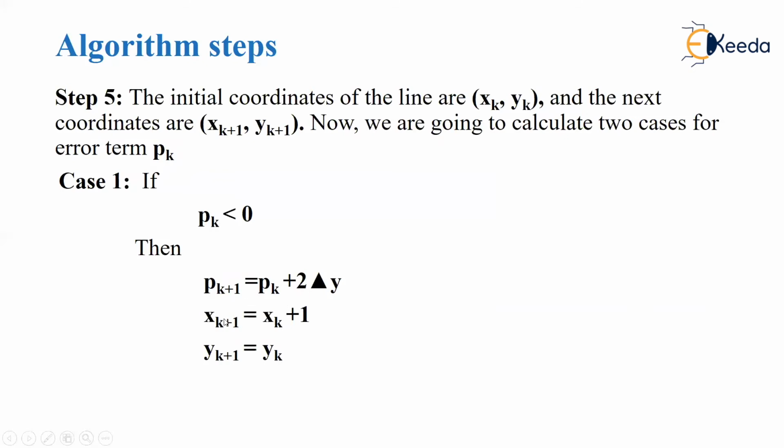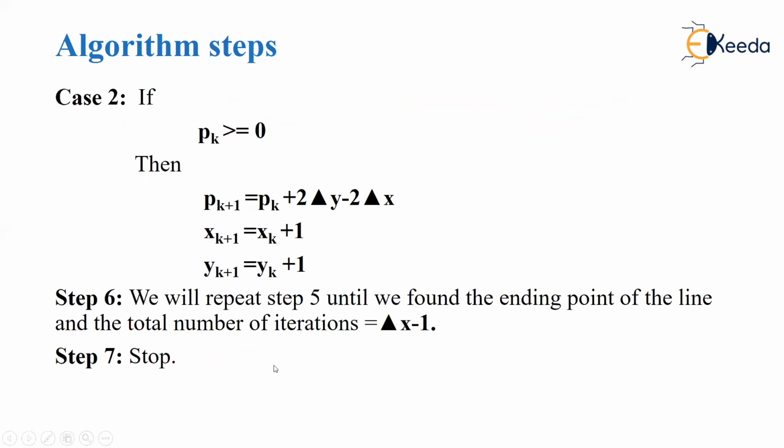Then the next pixel will be calculated with the formula xk plus 1 is equal to xk plus 1, where xk is the initial pixel, and yk plus 1 is the same as the previous pixel's y coordinate, that is yk.